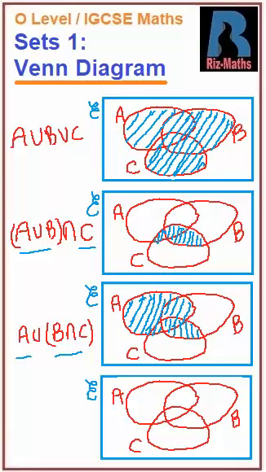Okay, finally, something with the complement in the case of three sets. Like if we have (A union C) complement, and intersection with the set B. So obviously first we'll see what the bracket is.